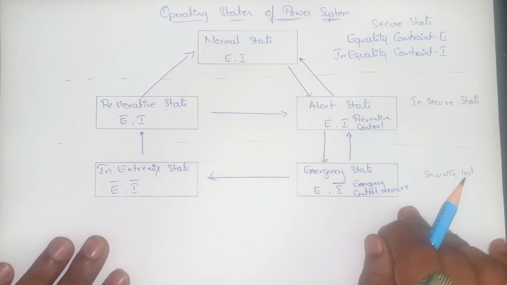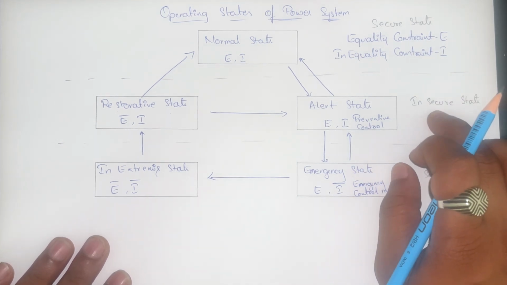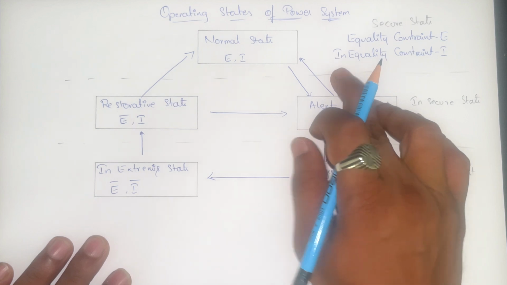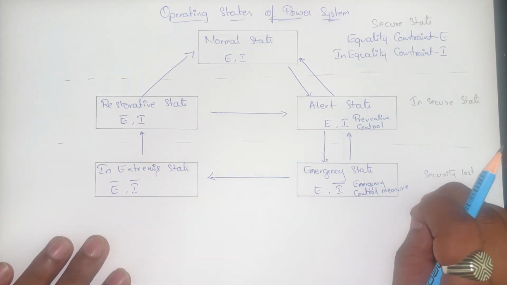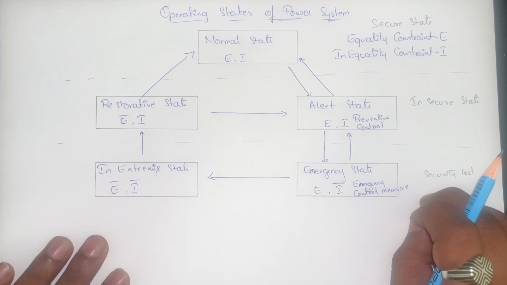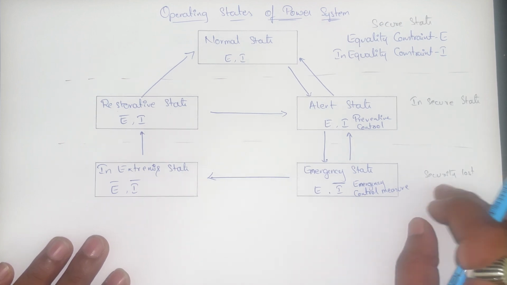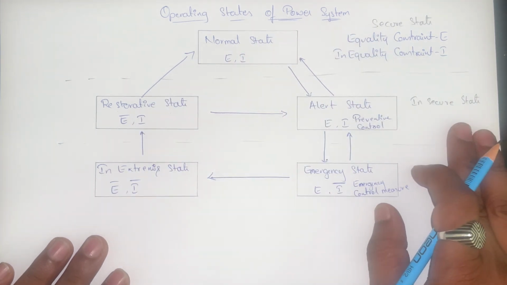This is insecure, where we can make the system go back to the secure state. In the security lost state the system has already been disturbed, and we need to gain control over the system, to make sure that the system does not go back to the grid collapse condition or the islanding cases. Okay. These are all the operating states of the power system.